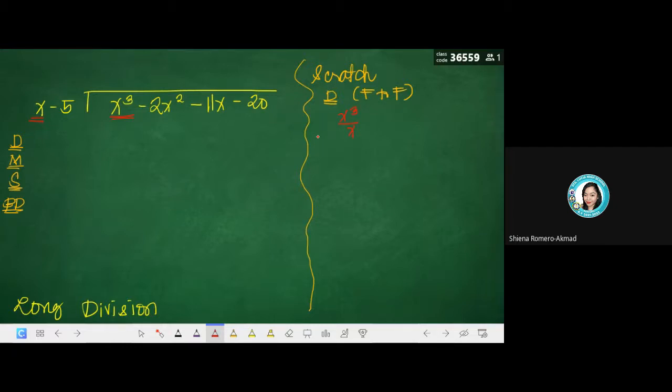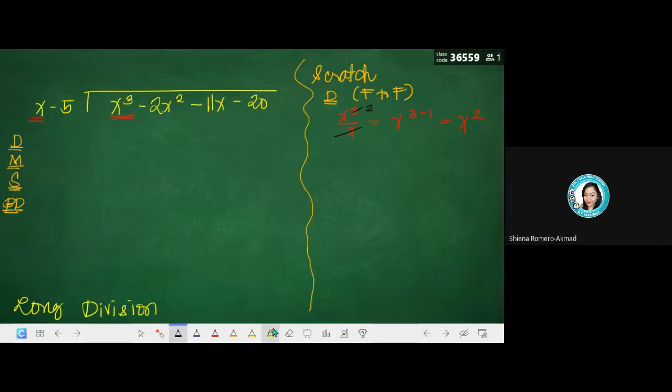So, kung ilan yung exponent ng nasa denominator, ibawas mo dun sa exponent ng nasa numerator. Sa case na to, we have x raised to 3 minus 1. Okay? And that is x squared. So, kahit hindi nyo na to ilagay, minus nyo lang yan, pwede kayo dyan mag-cancel out. Kung nag-cancel out kayo dyan, magiging x squared. Okay? So, the answer here is x squared.